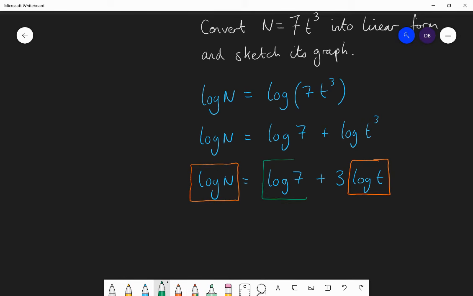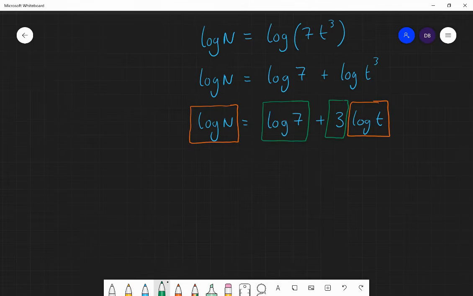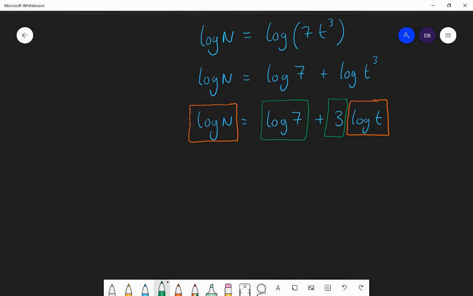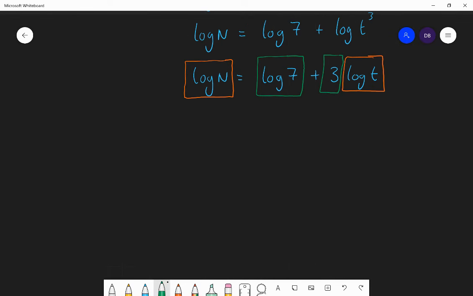Our constants are log 7 and 3. So in effect, we have y equals c plus mx here. And so our vertical axis is the log n scale. Our horizontal axis is the log t scale.